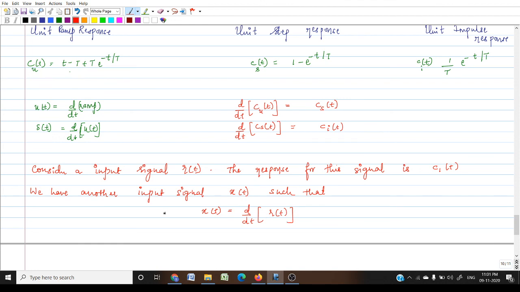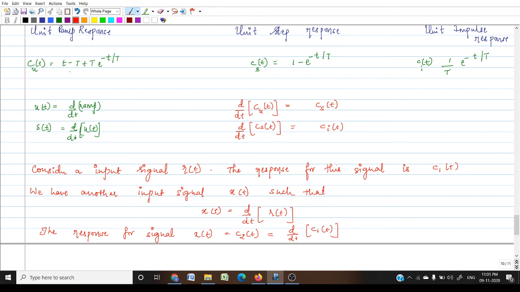Then the response for signal x of t, that is C2 of t, will be equal to the derivative of C1 of t. This is how we can use differentiation to get the response to a signal which is the derivative of the original signal.